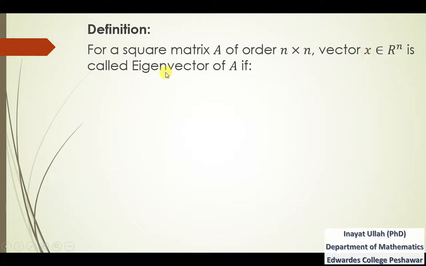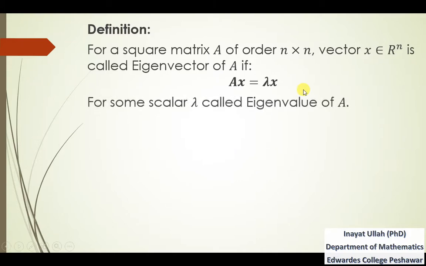Then this vector x is said to be the eigenvector of this matrix A if we multiply x with A and get lambda times x. Lambda is a scalar number, which may be negative, positive, or zero. Anyway, Ax is equal to lambda times the same x.